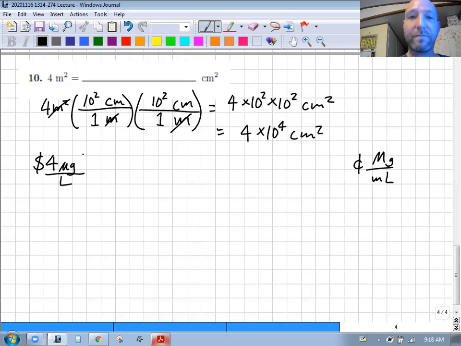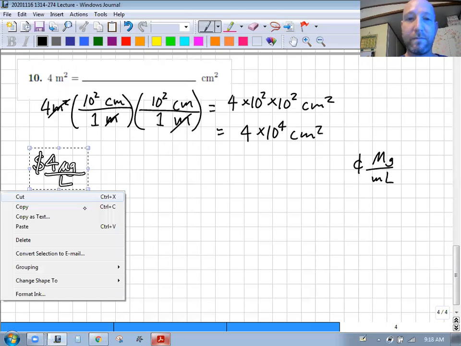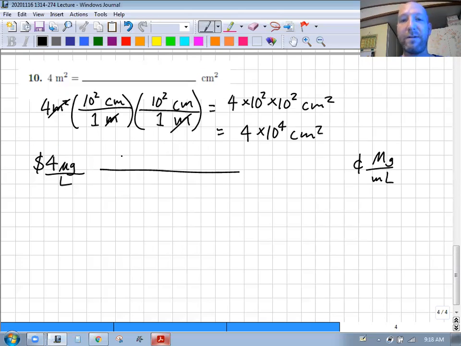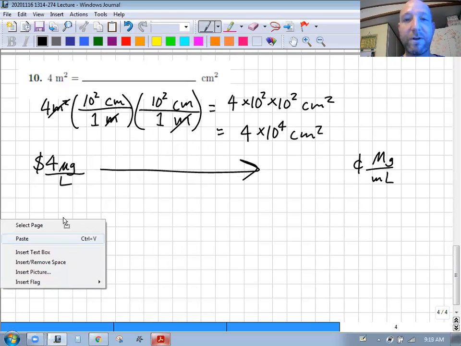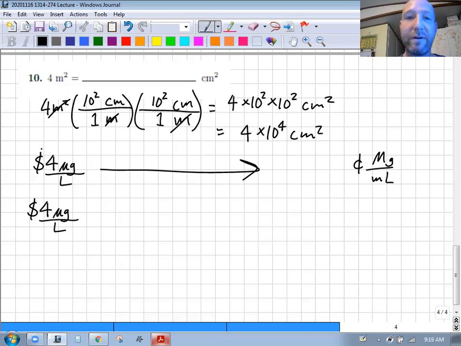It's a strange problem, right? Well, let's focus on one unit at a time. We have money, weight, and volume. So let's focus on changing each one individually. We got to get rid of dollars in favor of cents, right?